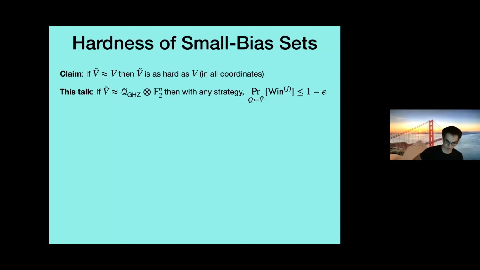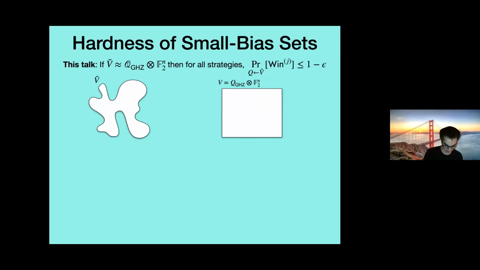So here's what that means. Let's just start with this picture. On the left, you have your V tilde, which is some small bias set.